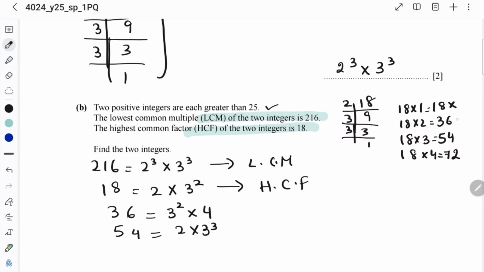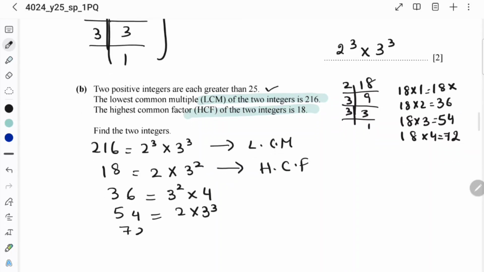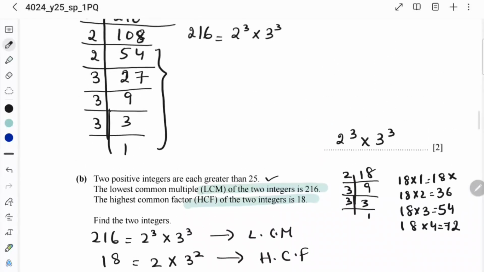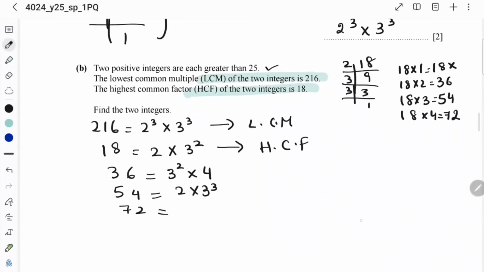Why are we doing it? We are finding out the numbers. And 72, 72 was also there. Now we are looking at 72. For 72, we know that 9 8s are 72, that is 2 cube into 3 square. But if you don't remember, then you can do it by prime factorization.